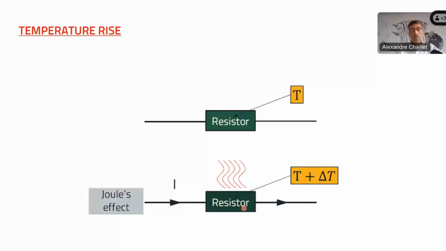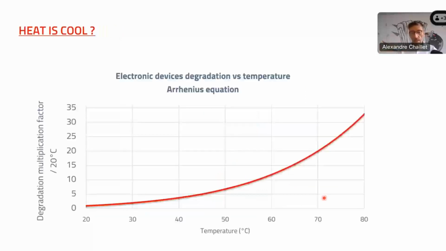If you put current in a resistor, all of you know that because of the Joule effect, it will release heat in the environment, and so the temperature will increase. That's called temperature rise, and we usually call that delta T, mainly given in Kelvin instead of degrees Celsius, just to make a difference between delta T, the temperature rise, and the ambient temperature.